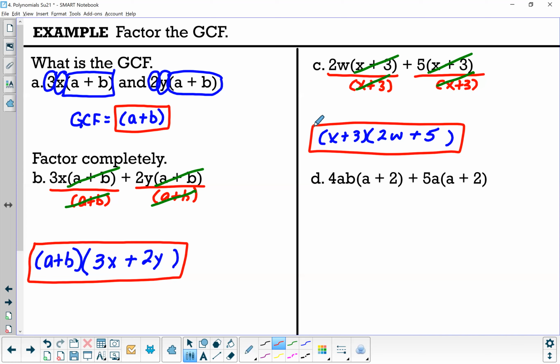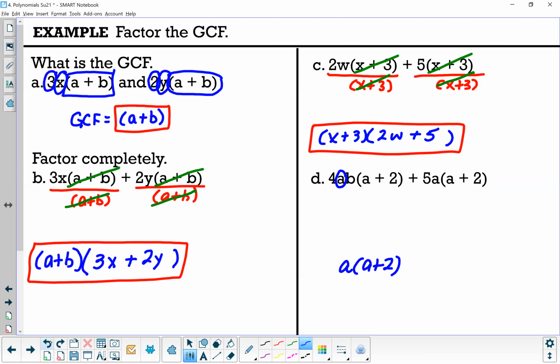You do have a plus 2 in your GCF, but you also have an a as a common factor. So we can see here, there is a single a that's a common factor and the a plus 2, right? So a times (a + 2) is our GCF.